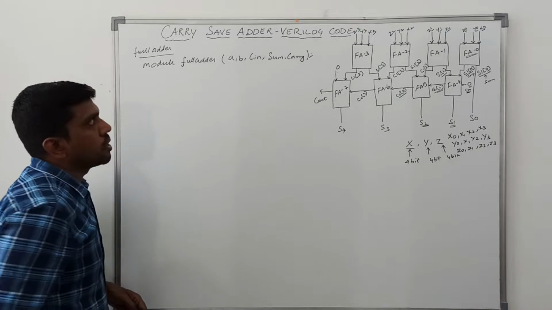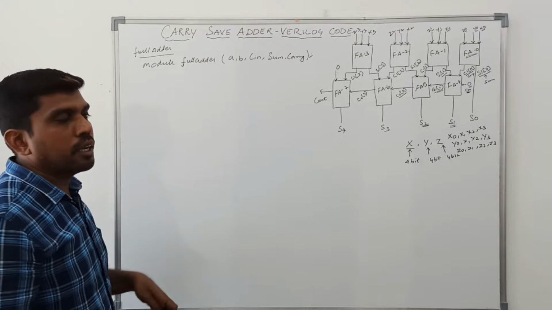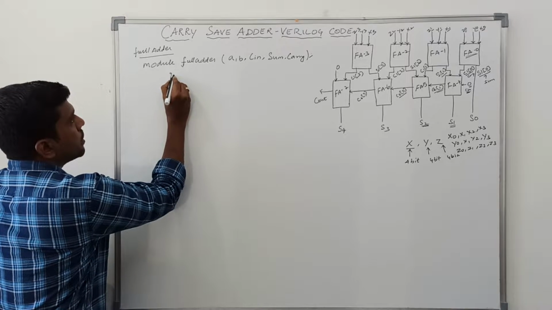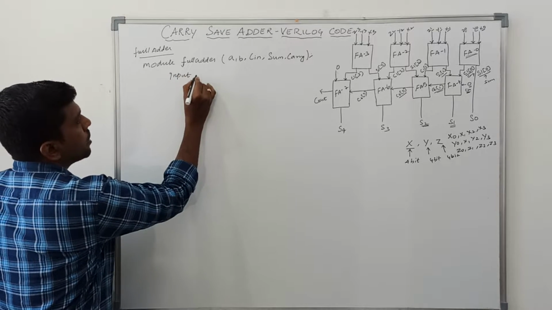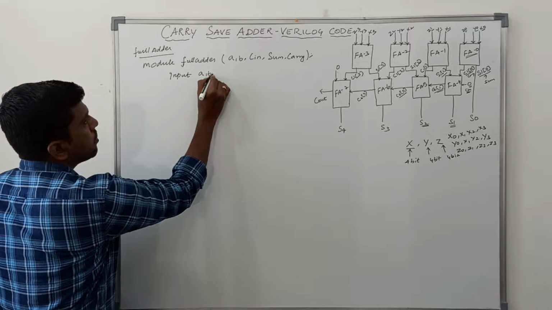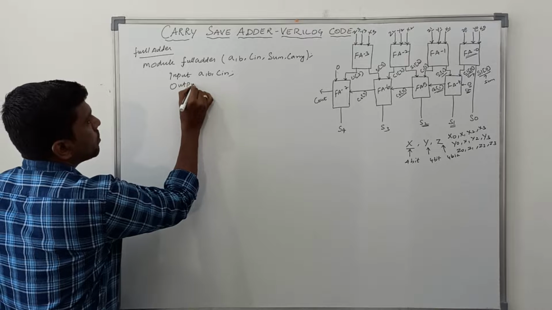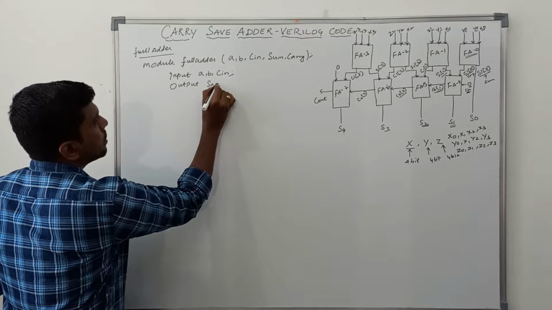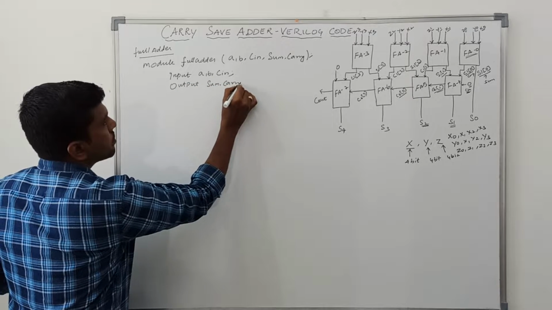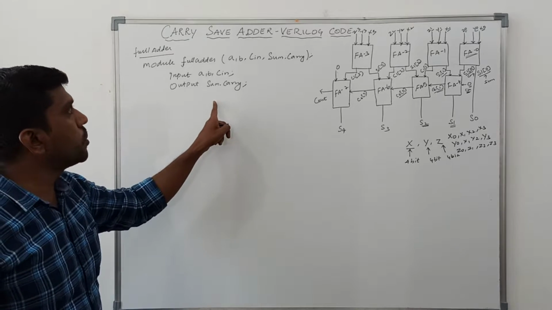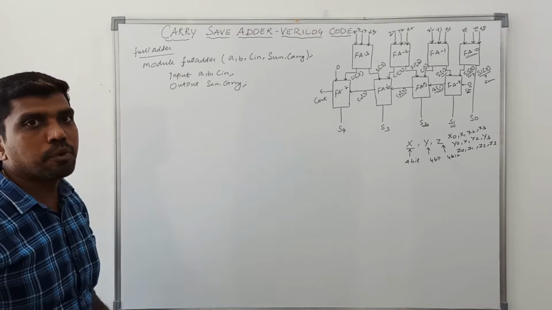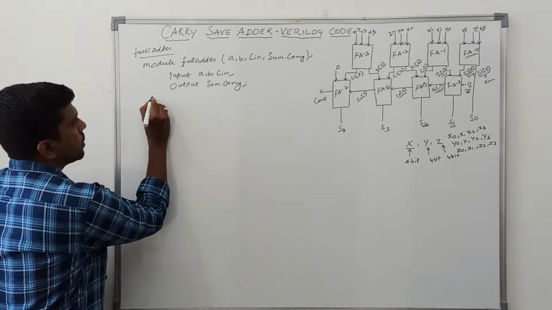So sum and carry are the output variables, and A, B, C in are the input variables for the full adder circuit.